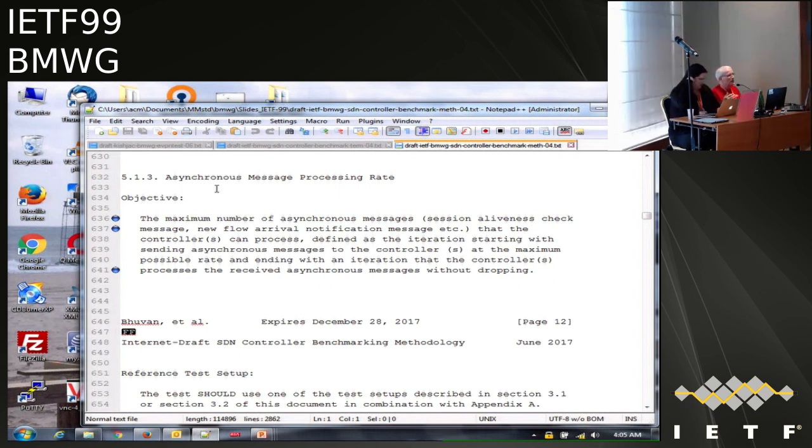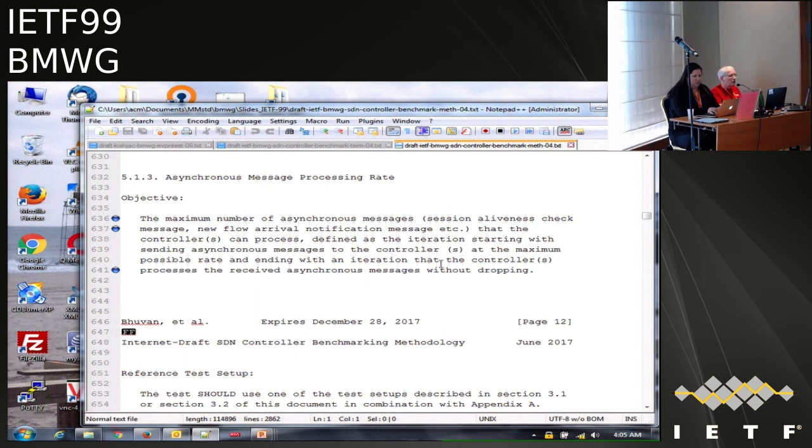As a flow enters the network that's controlled by the controller, it's going to see many of these packet-in messages, and it's important to know, for a given number of switches, how many of these flow requests, or packet-in in OpenFlow parlance, they can accommodate.